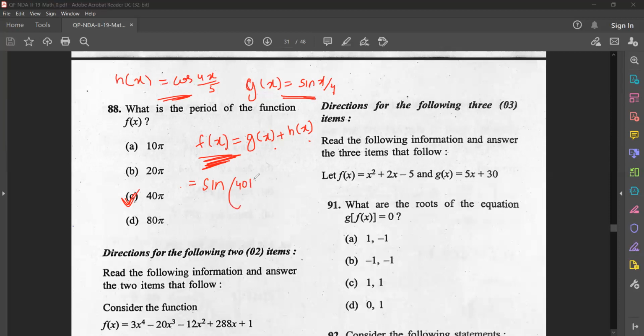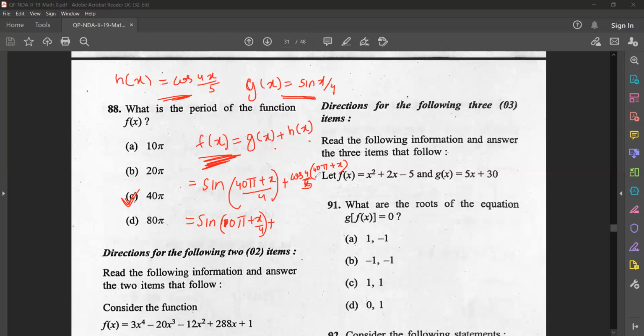Sin of 40 pi plus x by 4, plus cos of 4 by 5 in the place of x, it is 40 pi plus x. So I'll get sin of 10 pi plus x by 4, plus here, this is 4 by 5.